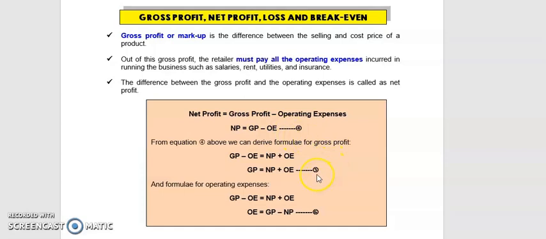Looking at formula number 5, let's say we want to make gross profit the subject. You start from this formula and move the right hand side to the left hand side in order to make gross profit the subject.